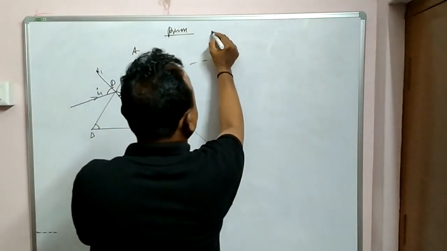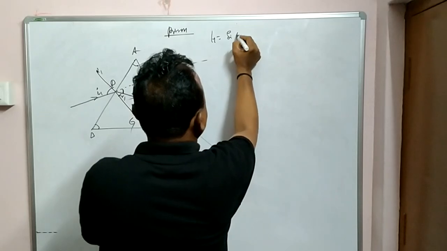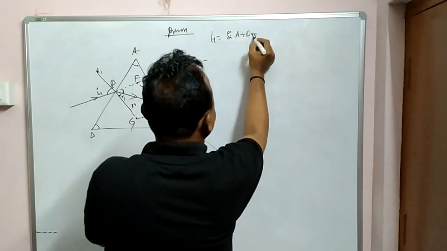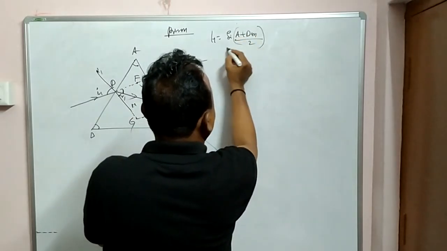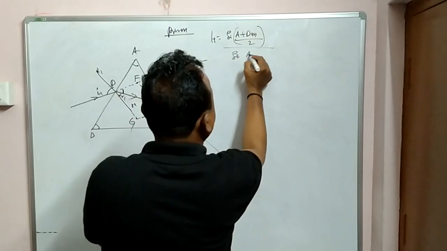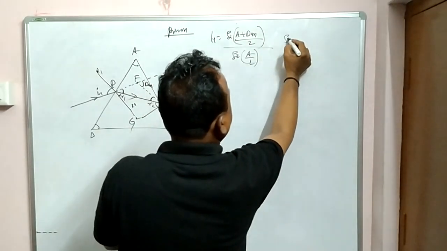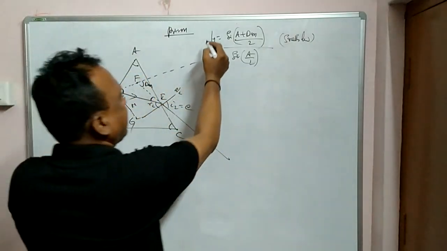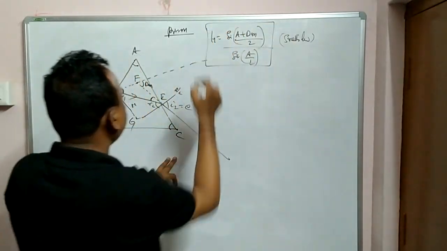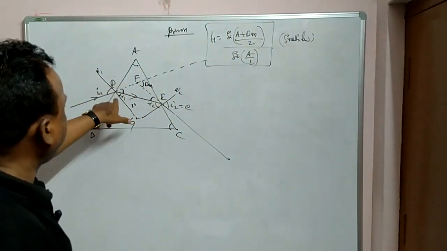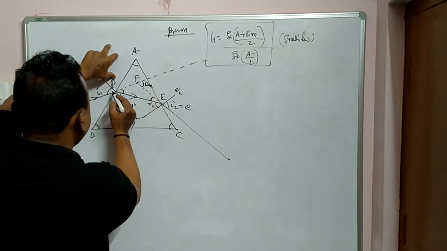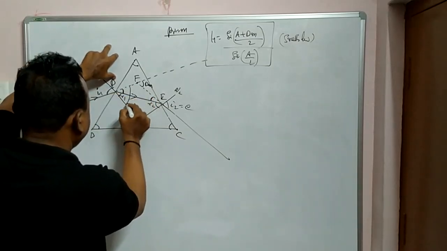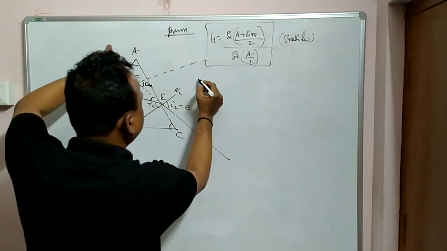You will get this equation, mu is equal to sine of (A plus dm) by 2 divided by sine A by 2, by using Snell's law. You can derive this equation very easily. If you observe carefully, this angle is equal to this angle. What is this angle?